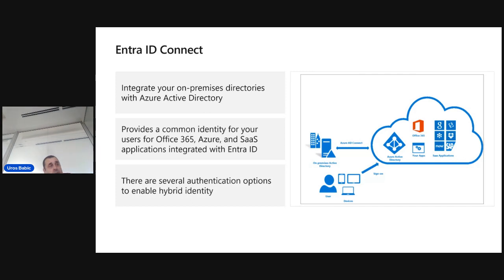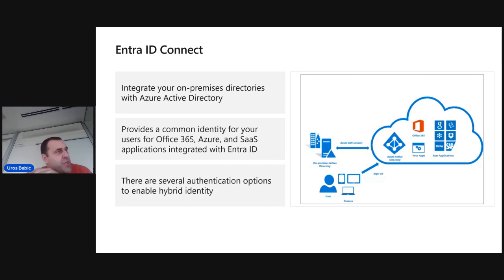I can synchronize with single sign-on my users' devices and provide identity for resources in the cloud like Office 365, Azure, Software as a Service applications, and there are several authentication options to enable hybrid identity. Hybrid identity is actually a process to connect your on-premise Active Directory with Azure Active Directory to enable a single account to have access to resources on-premise and in the cloud.